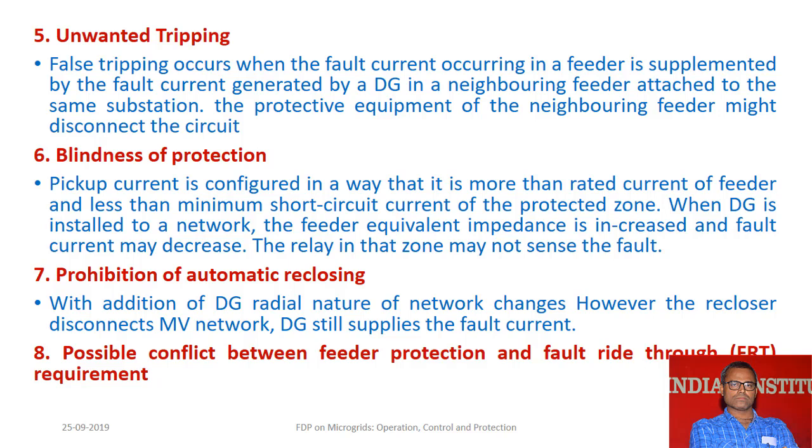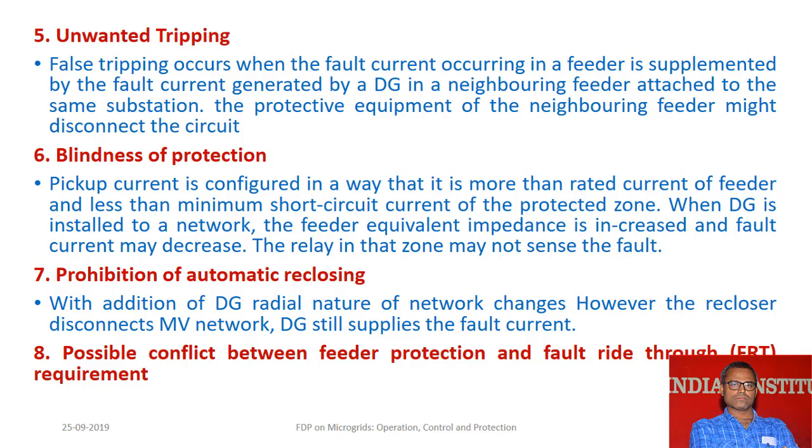The permanent fault will be identified only when the reclosure fails 3 times or 5 times, something like that. In the distribution system, it is 3 times. In the transmission system, it is 1 time. This is how reclosure affects. When the reclosure is still happening, that time also this kind of issue takes place.